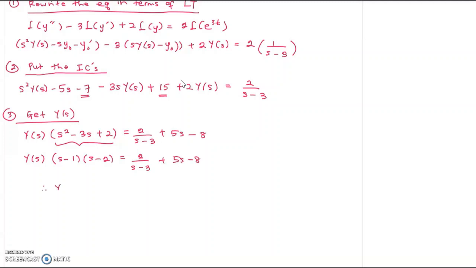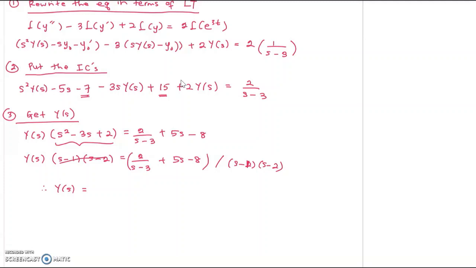So everything on the right hand side needs to be divided by s minus 1, s minus 2.